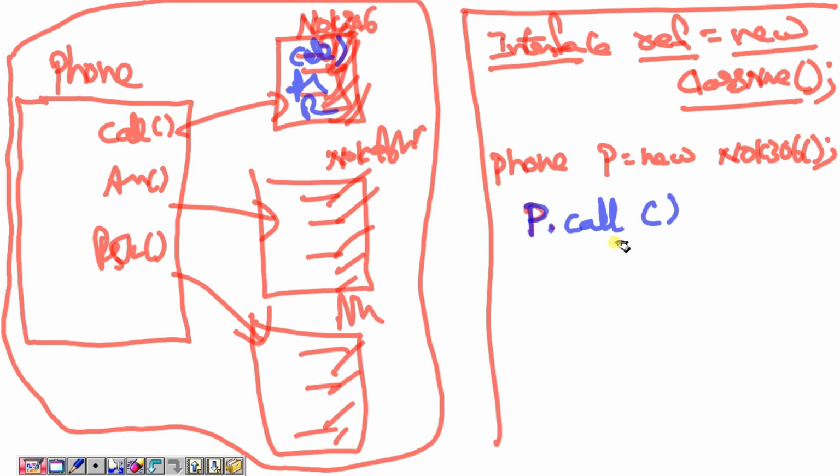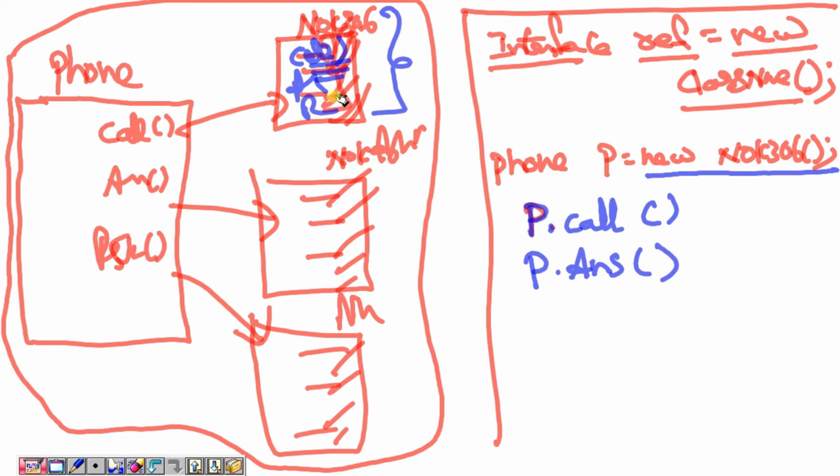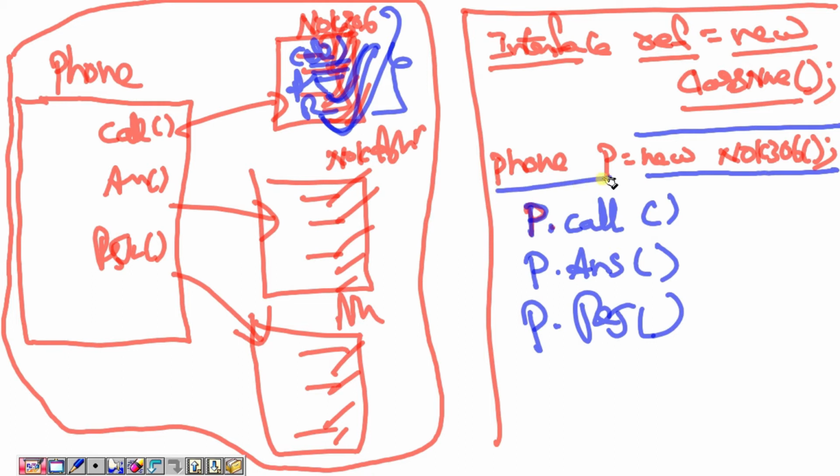This call method will execute this logic only, because we are using the memory of this class name. So only that logic is used. p dot answer, only these logics we are using. p dot reject, only these logics we are using, because we are using this class name. But the interface is common for all the classes.